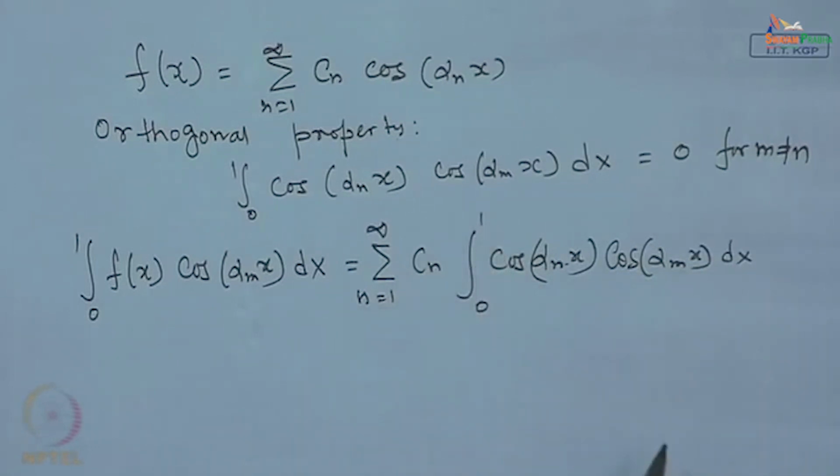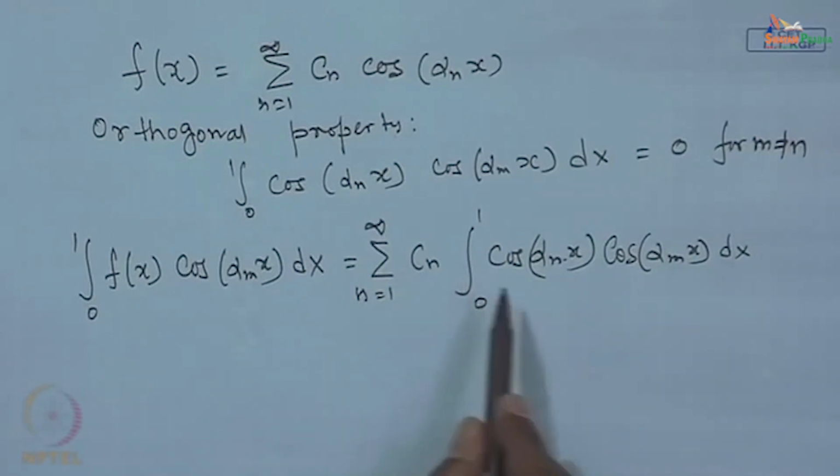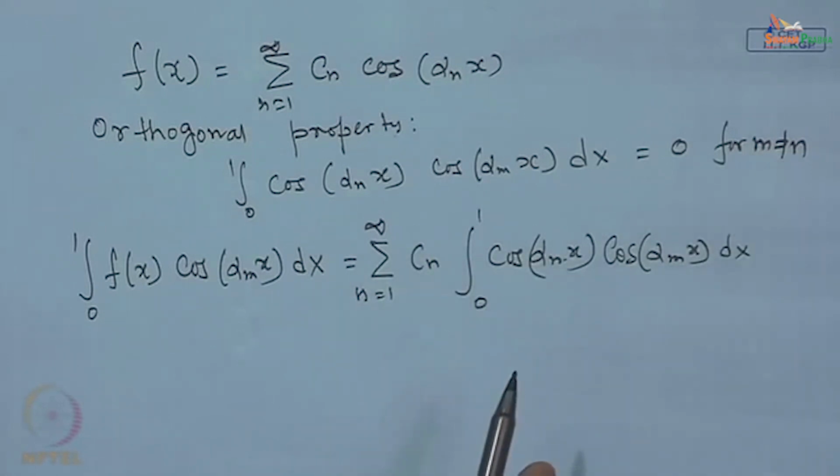Now, if you open up the summation series, all the terms will vanish for m not equal to n, only one term will survive, which is m is equal to n.